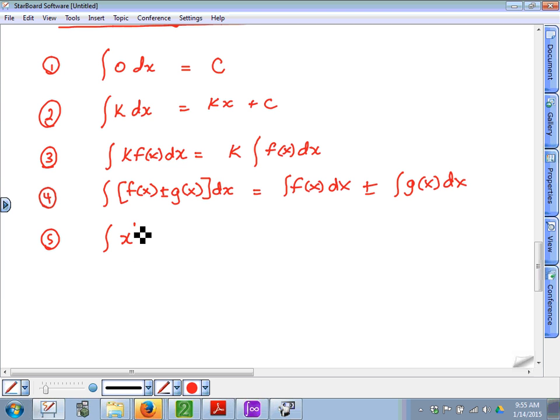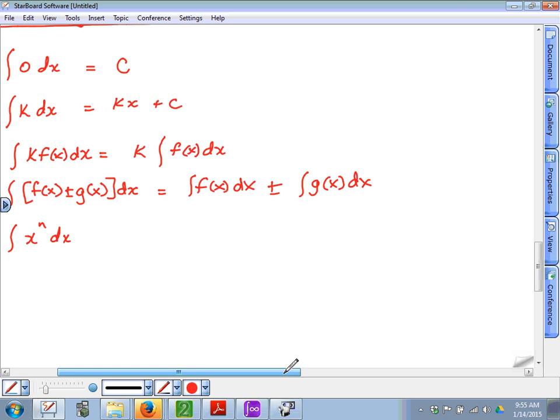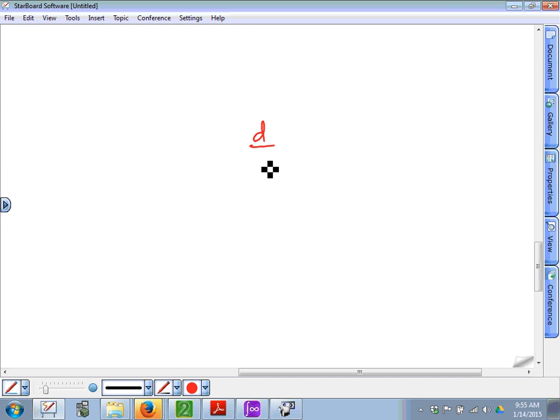The integral of x to a power. You guys are going to have to think about this one. It's a power to a power. If we were taking the derivative, let's go back to derivatives of x to the n. Isn't that n x to the n minus 1? That's the derivative rule we learned a few months ago.